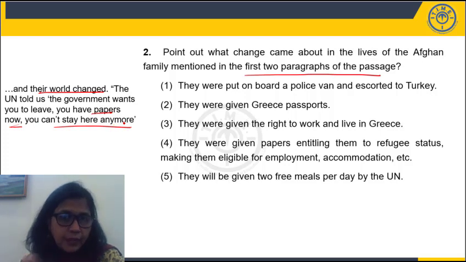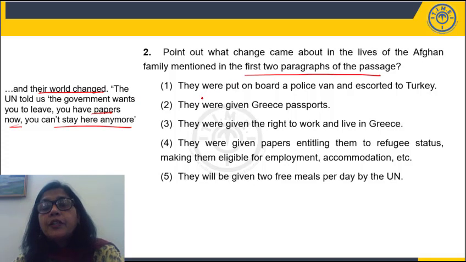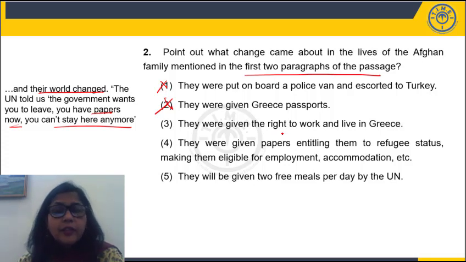Now, with this in mind, let us read the options here. They were put on board a police van and escorted to Turkey. No. They were given Greek passports it should be. No. 3. They were given the right to work and live in Greece. The right to live and work in Greece.